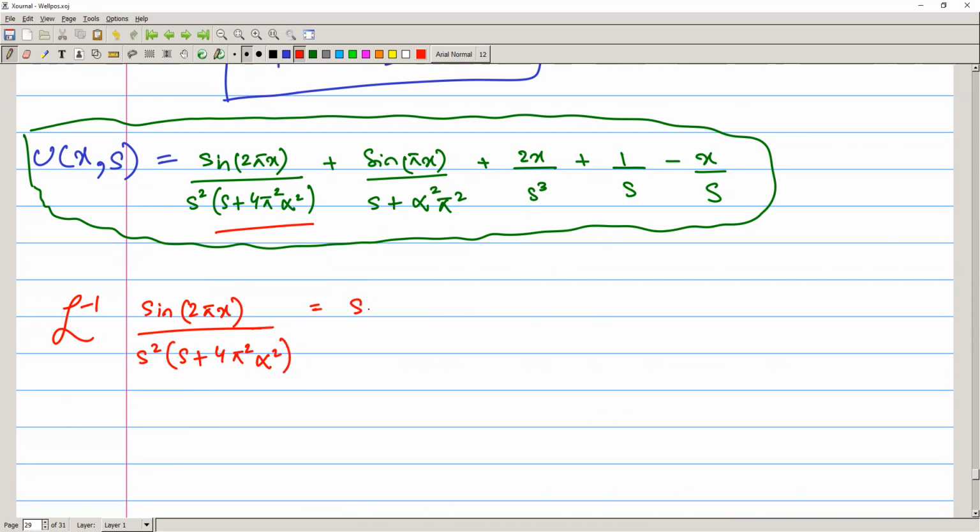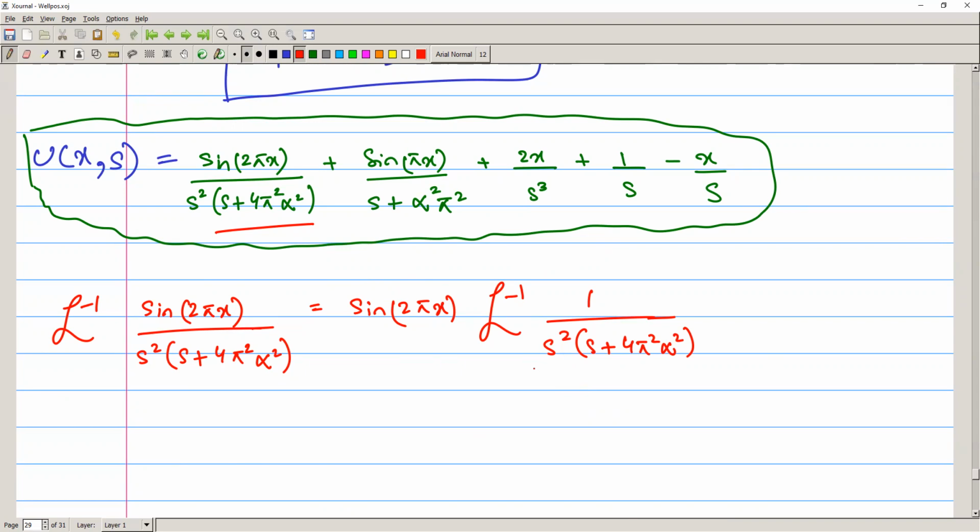Here sine 2 pi x, we can take it outside because we need to find the inverse of only the function of s, right? Now this is s squared times s plus 4 pi squared alpha squared.